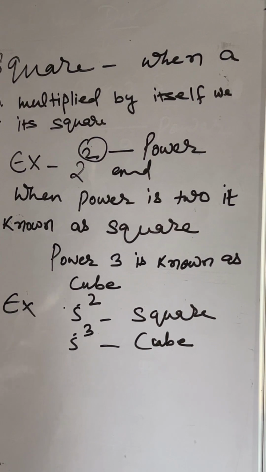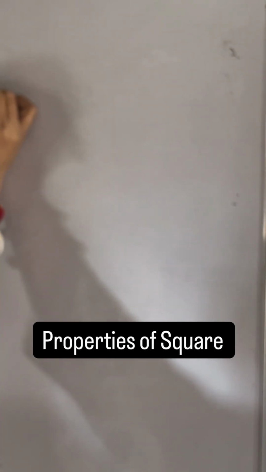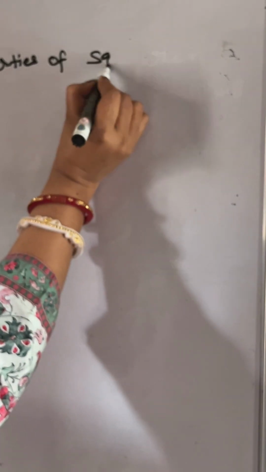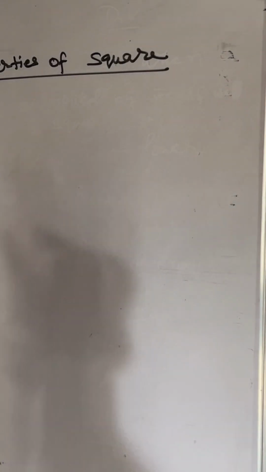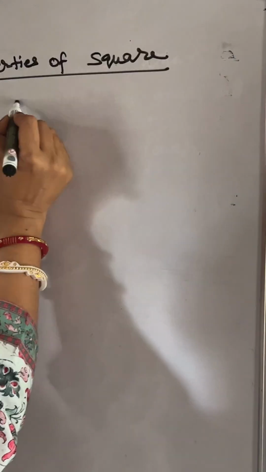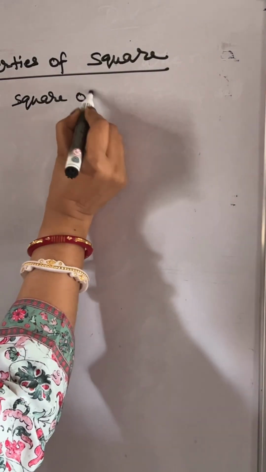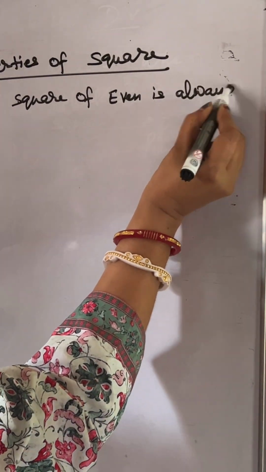The first property is that a square of even is always even, and the second is that a square of odd is always odd. A square of even is always even.